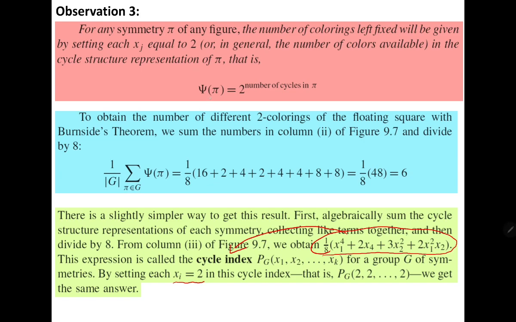Because to compute psi of pi, what I did was 2 raised to the power of the number of cycles in pi. For example, psi of pi 3 is 2 raised to the power 2 because it has 2 cycles of length 2. Psi of pi 1 is 2 raised to the power 4, which is 16. So if I compute psi of pi, it comes out to be this. And how did it happen? Because this one is x1 raised to the power 4 and I replace x1 by 2.